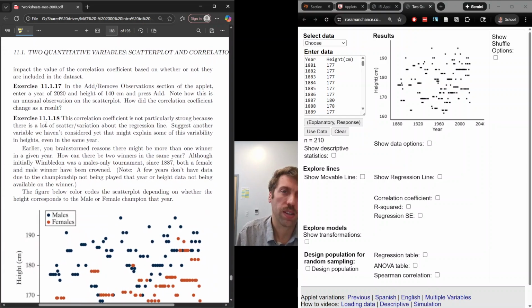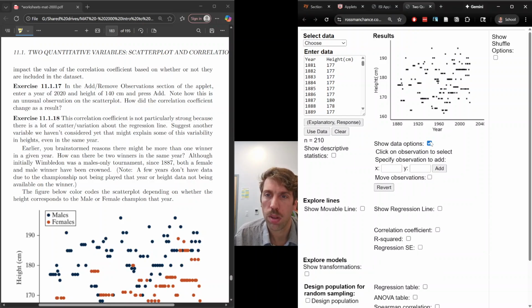Number 17. In the add remove observation section of the applet, enter year of 2020. Let's see. Show data options.